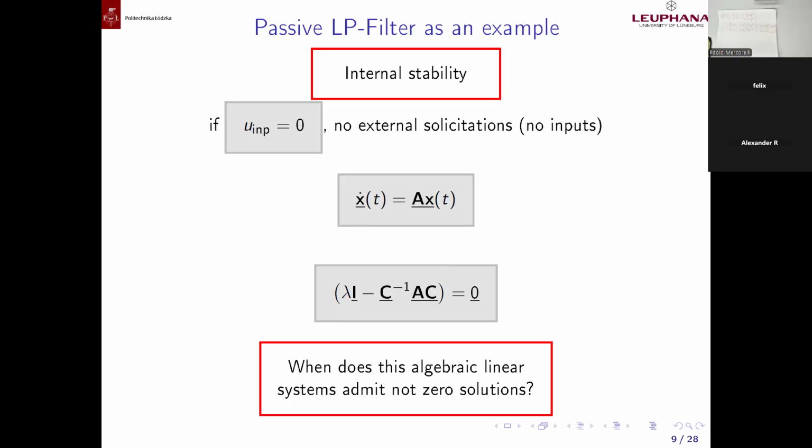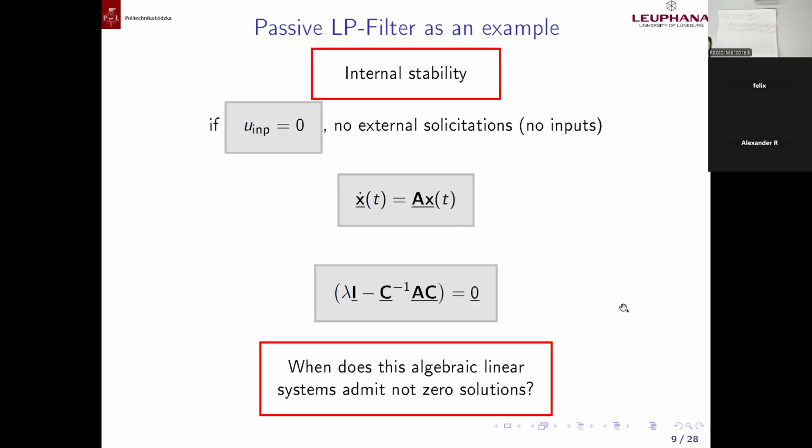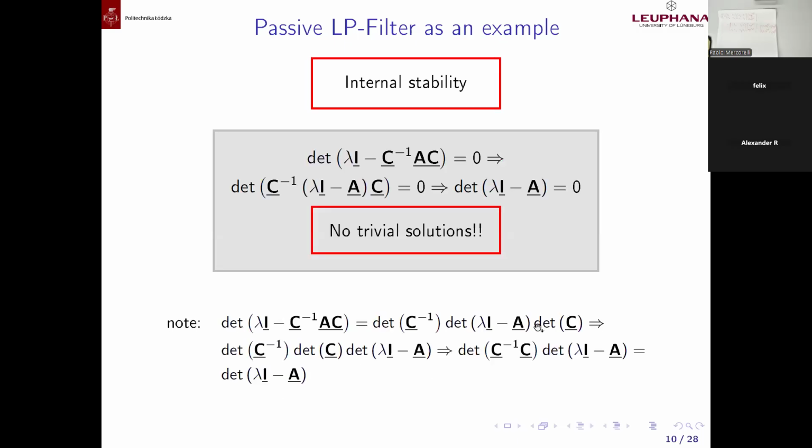If you don't like this general expression, you can remain with this. The question is, when do we have a matrix C not zero? I don't know if you remember the concept of the determinant.